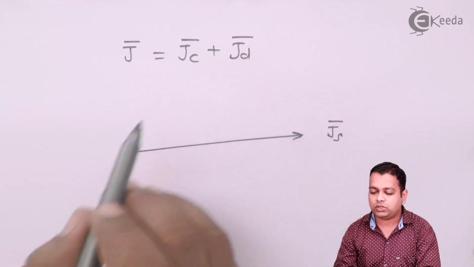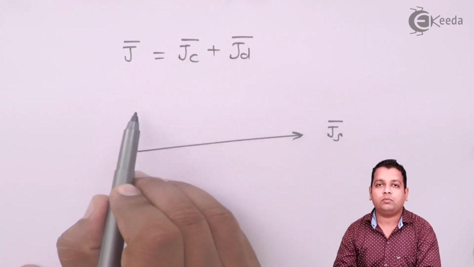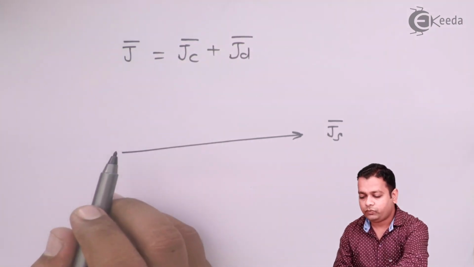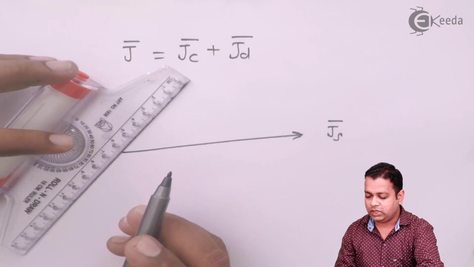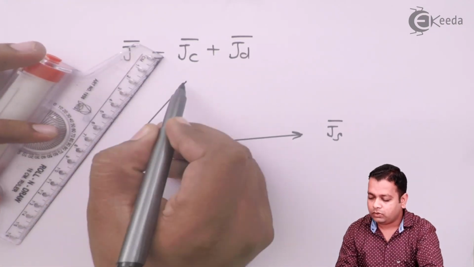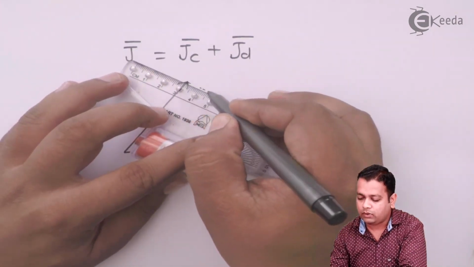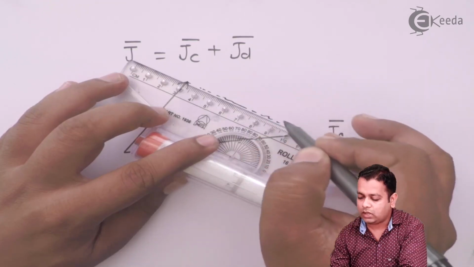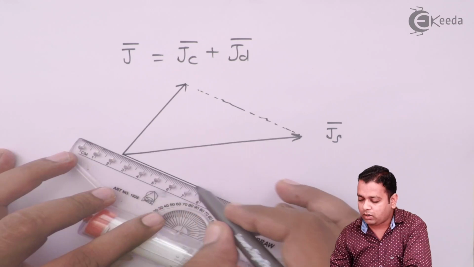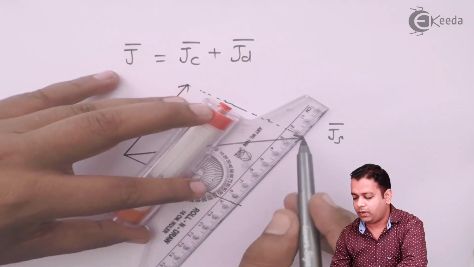If the resolution into two components is there, these two components make a 90-degree angle with each other. So JC bar and JD bar we can show like this, where the resolved components are perpendicular to each other, and these lines are parallel here.